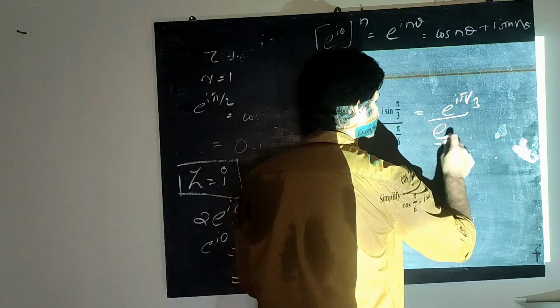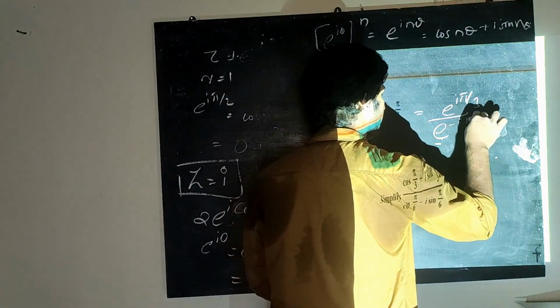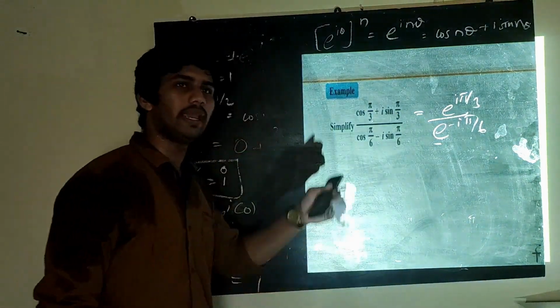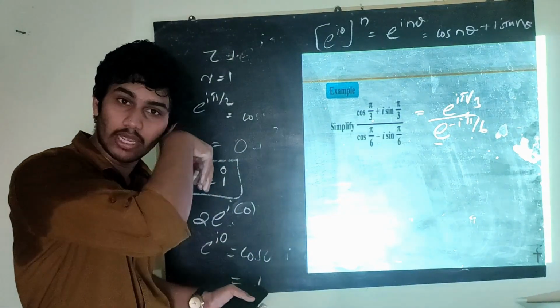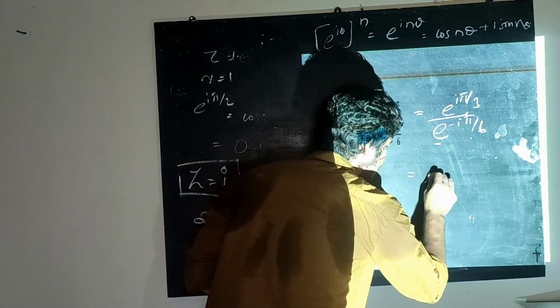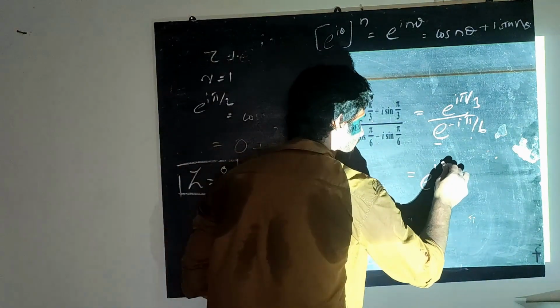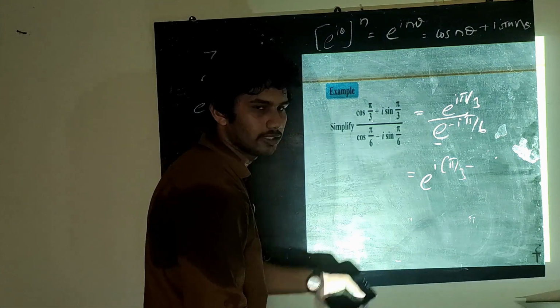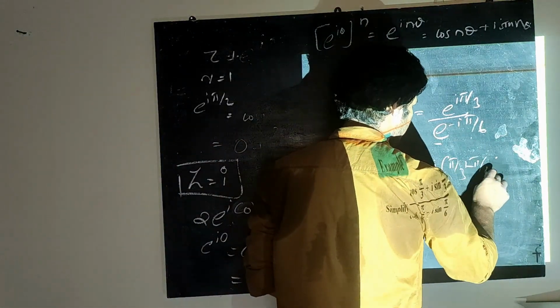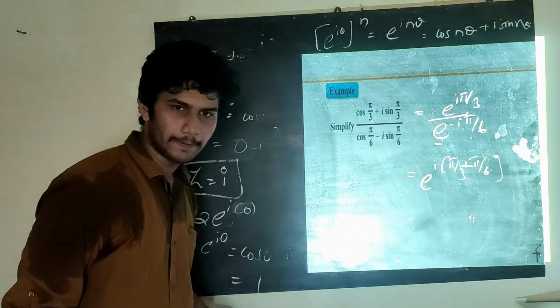So this is e raised to minus i pi by 6. a raised to m by a raised to n is a raised to m minus n. So this is simply e raised to i pi by 3 minus of minus, that becomes plus pi by 6. Right?